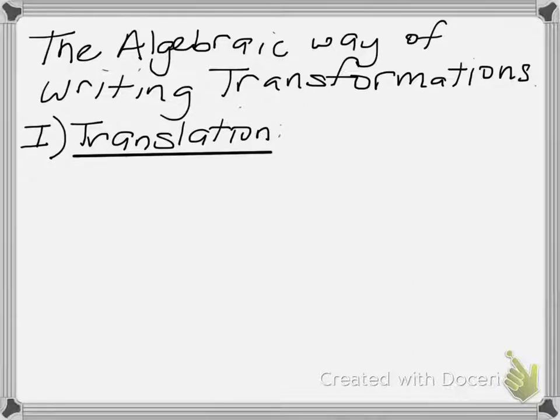So the first way you were taught to do a translation was something like: go right 6 and down 7.